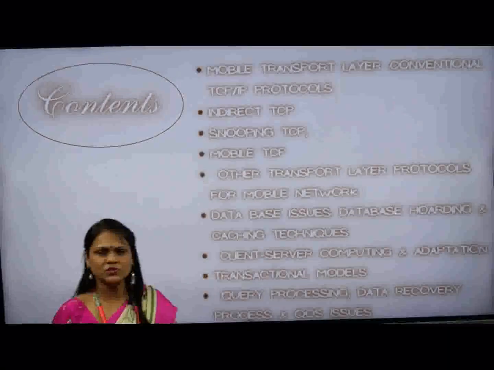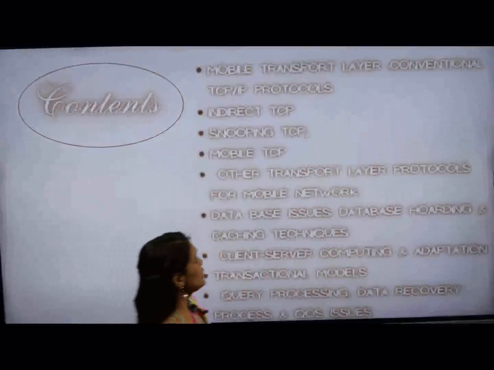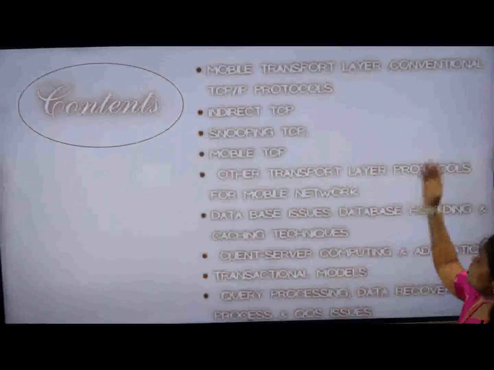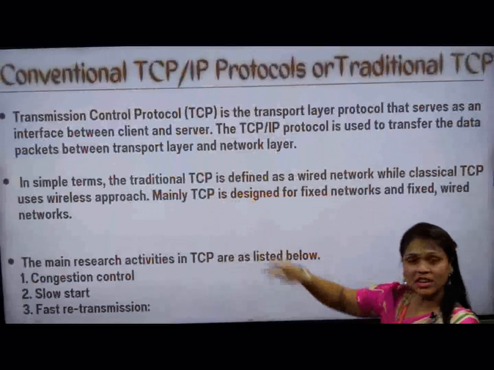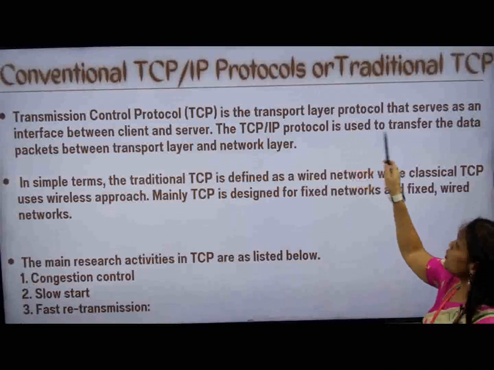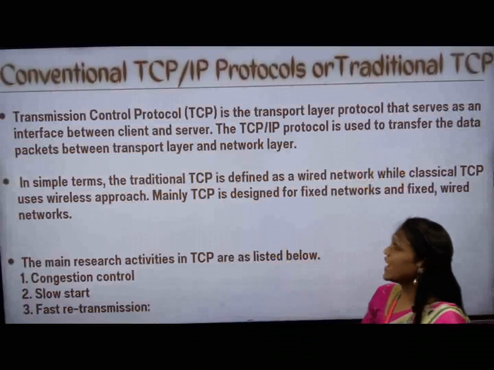Now, first and foremost, we'll start with our first topic, that is the mobile transport layer, conventional TCP and IP protocols. As already mentioned here, TCP is the transport layer protocol that serves as the interface between client and server.